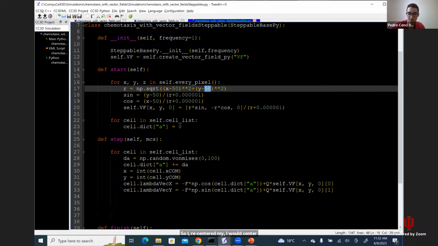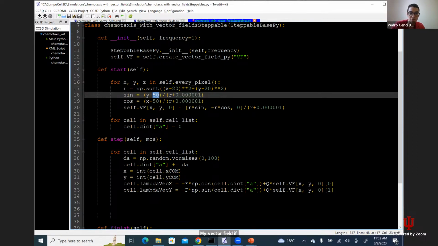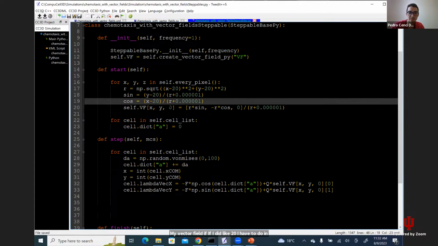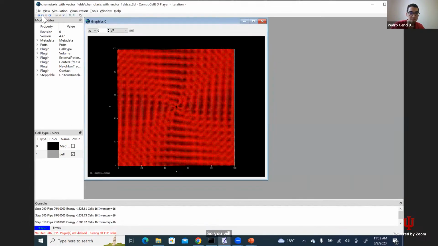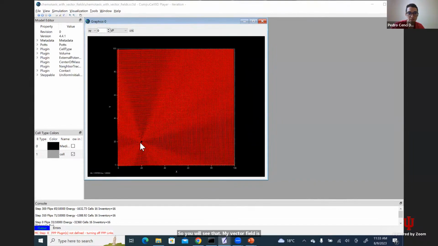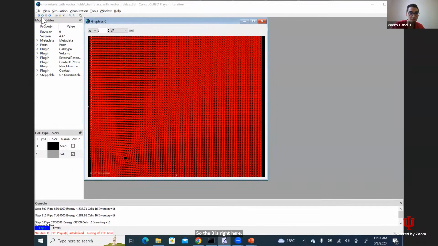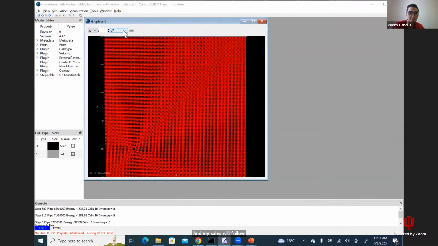If I did 20, I have to do it in everything. Okay, I am recentering here, so you will see that my vector field is recentered to 20, 20 now. So the 0 is right here, and my cells will follow another path.